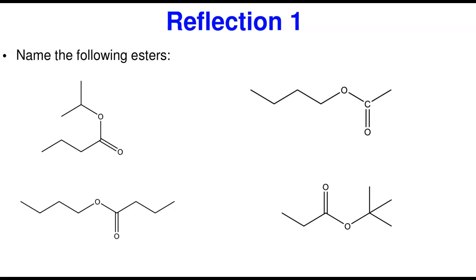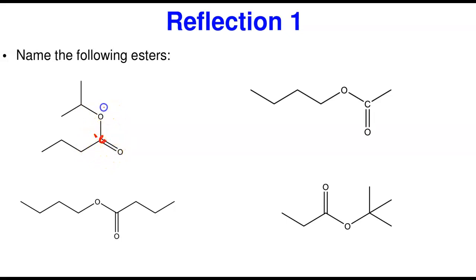To catch that, we're going to look at this structure. Remember, this carbon is the carbonyl carbon, usually carbon number 1 here. Anytime you see that carbonyl carbon, this part is the part that is contributed by the acid.